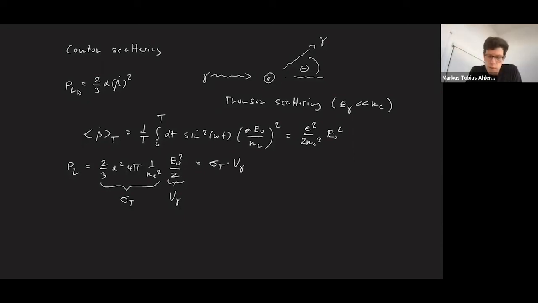Now, this Thomson scattering is, of course, not the situation that we would like to look for. We would like to look at the case that we have electrons at high velocity which are interacting with the background photons. If you look at the scattering of a photon with an electron, you can first of all look at the scattered energy. So the incoming photon will have an energy epsilon, the outgoing photon will have an energy epsilon prime, and we can relate these two quantities via energy and momentum conservation.